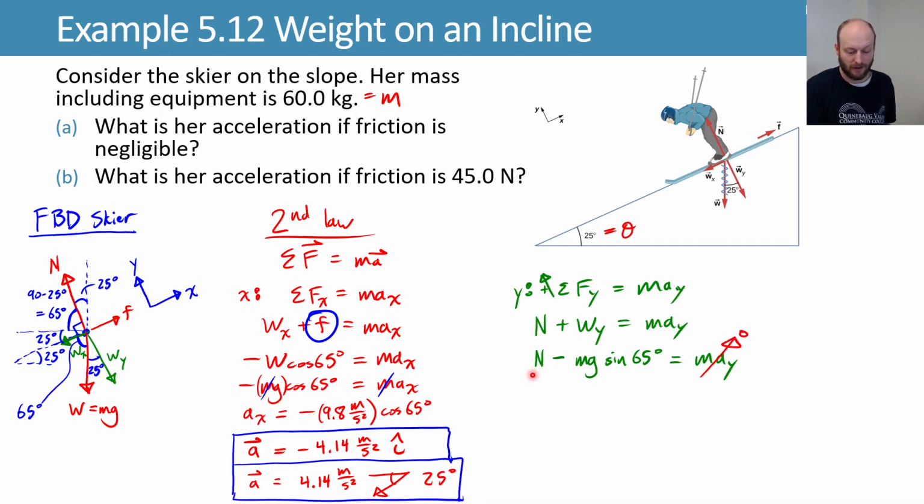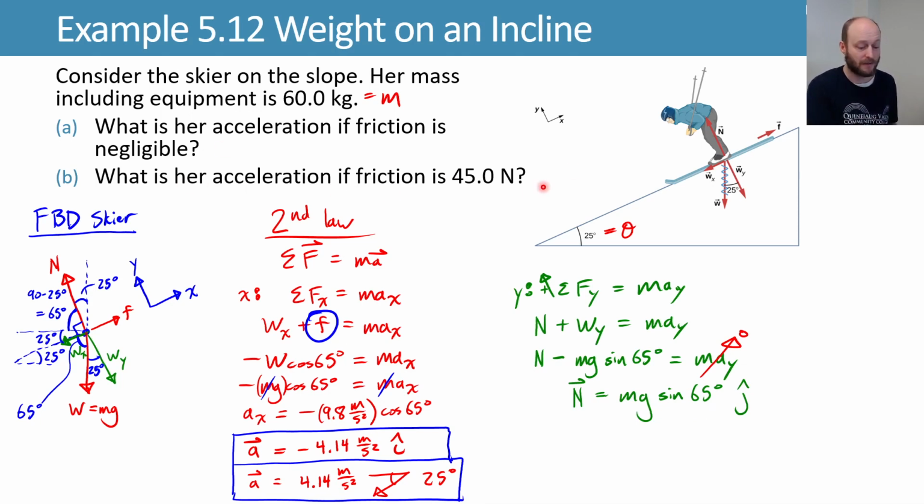So here it's normal force minus mass times gravity of sine of 65 degrees is equal to mass times acceleration, and as long as we're staying on the slope, that acceleration is 0. So this lets us solve for the normal force in terms of the stuff we know, mass times gravity. That wasn't part of the problem, but it's a thing we can do, and if you need that, we now have the normal force.